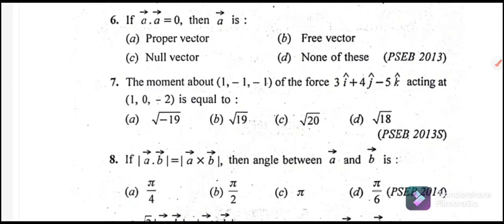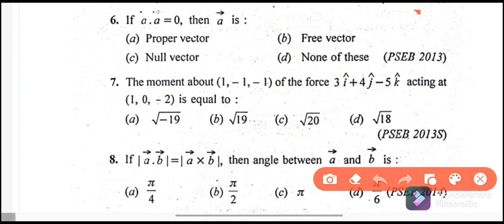Next question, if dot product of A and A is equal to 0, then A is. Now because if dot product is 0, that is vector A modulus is 0, so this is null vector, C option.